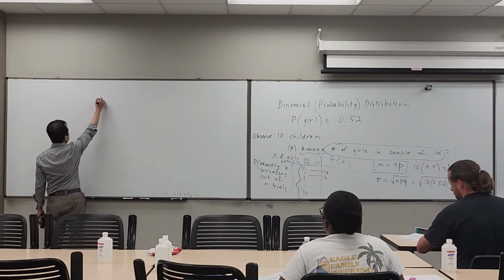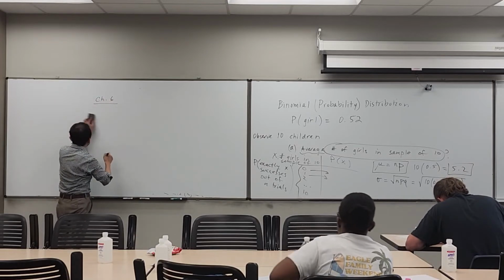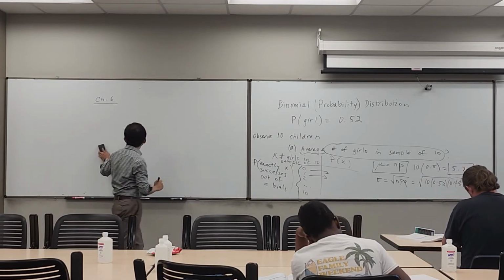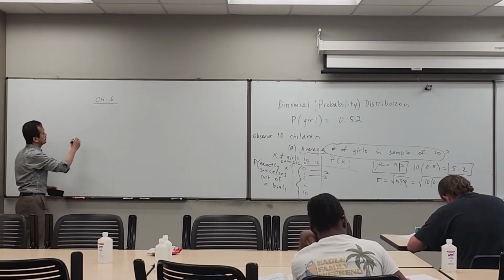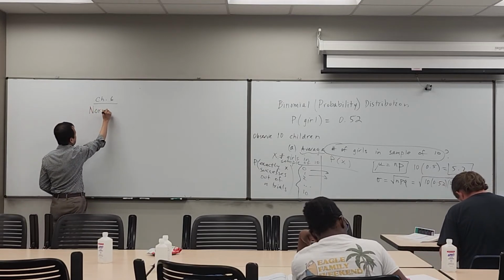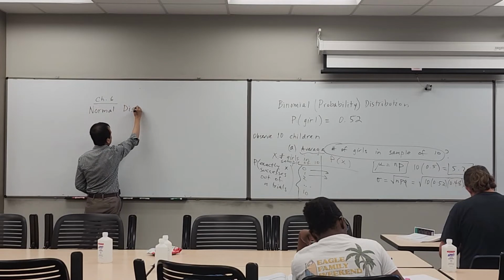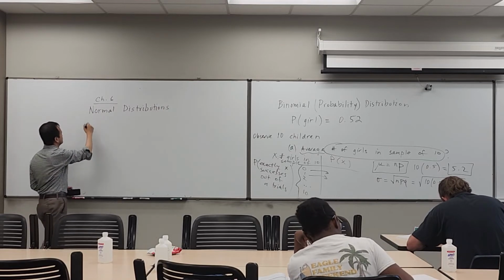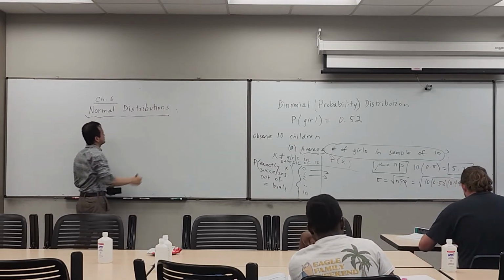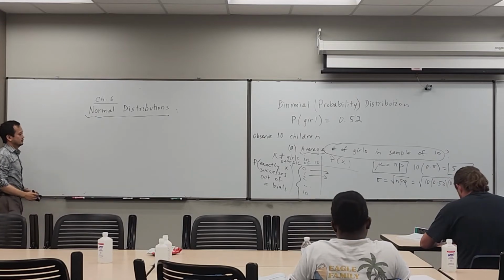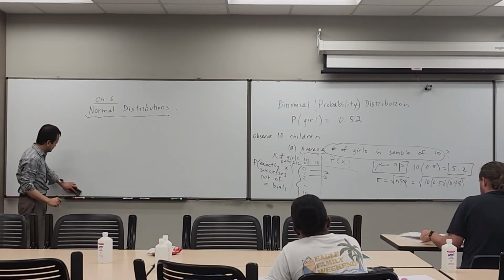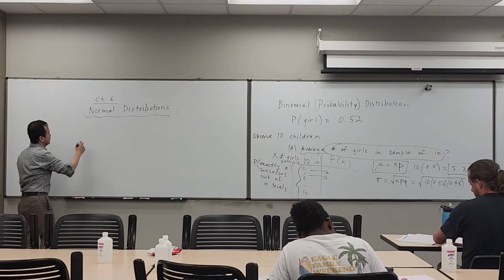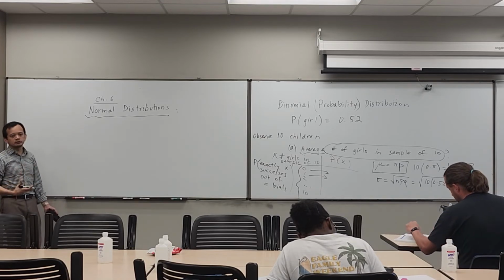So we're going to start chapter 6. Chapter 6 will be on normal distributions. A normal distribution is just another word for bell curve.